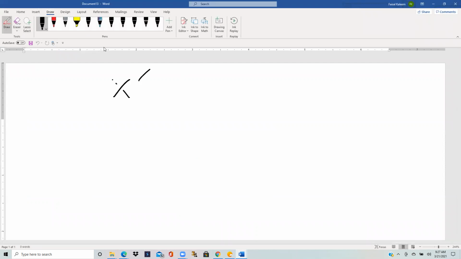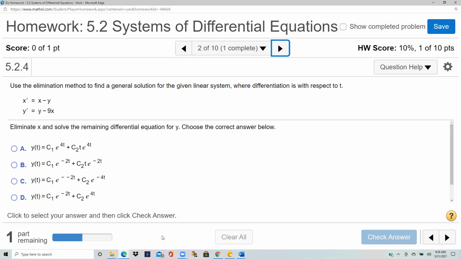x prime is equal to x minus y, and y prime is equal to y minus 9x.